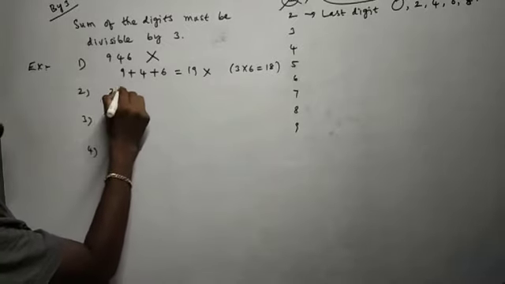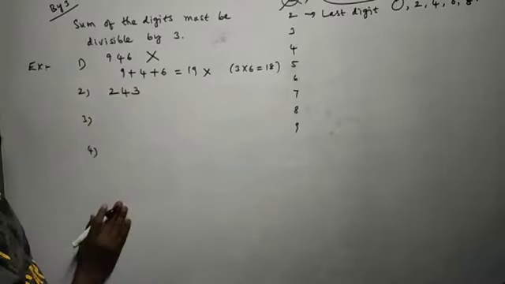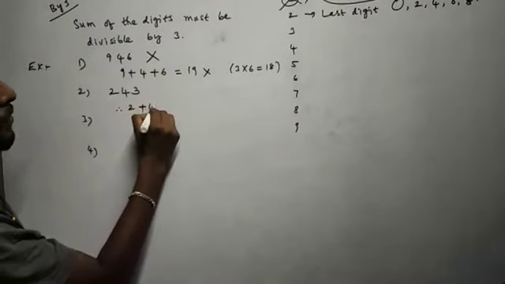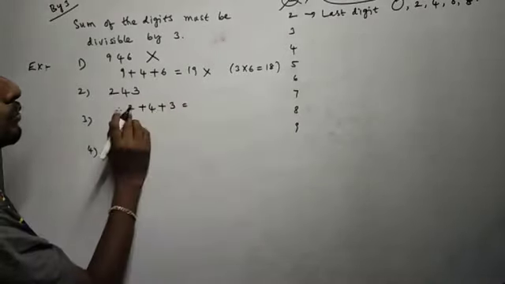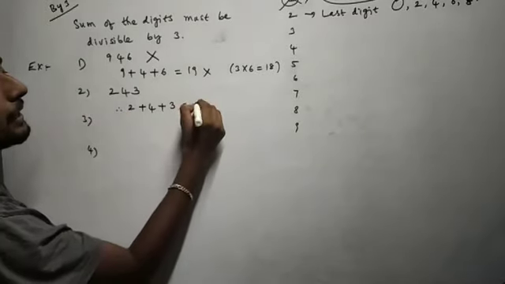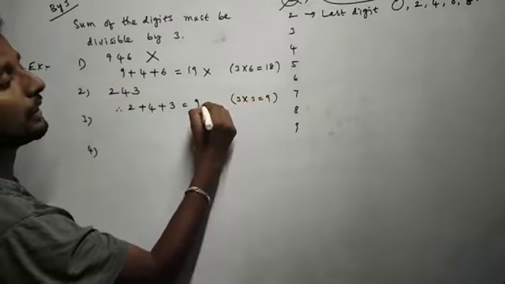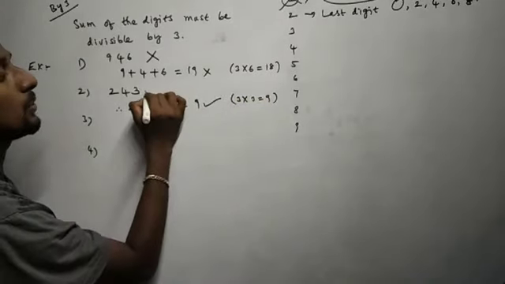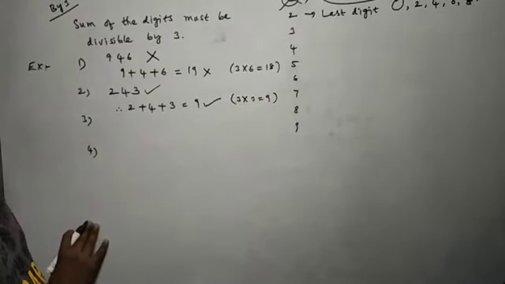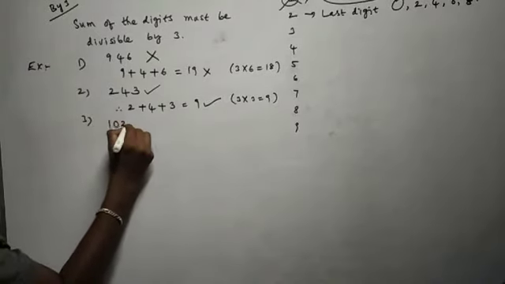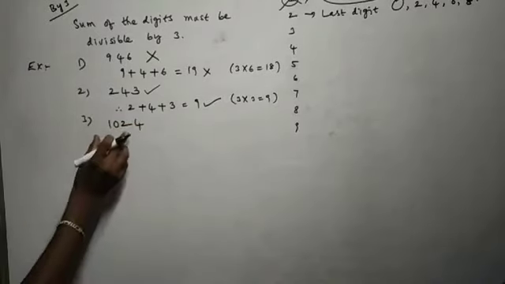Next, 2, 4, 3. 243. So now sum of the digits. 2 plus 4 plus 3. So 2 plus 4, 6, 6 plus 3, 9. And we know 3 threes are 9. Okay. So it is divisible. So 243 is also divisible by 3. And if you go with the third example, 1024.